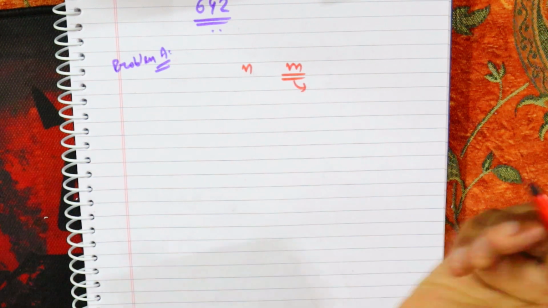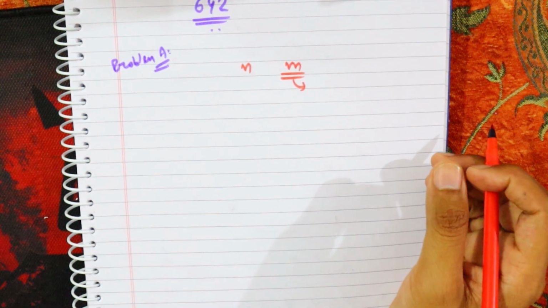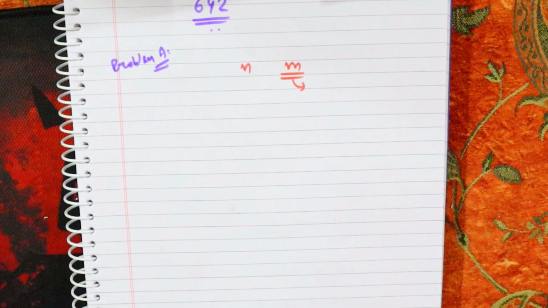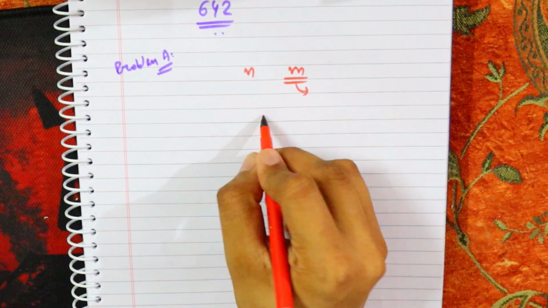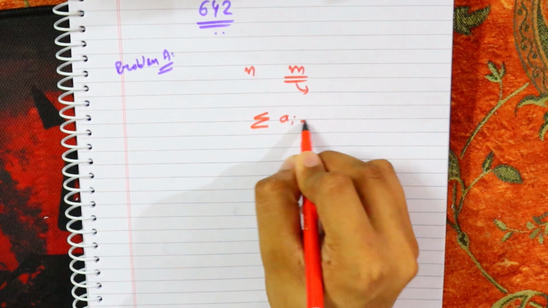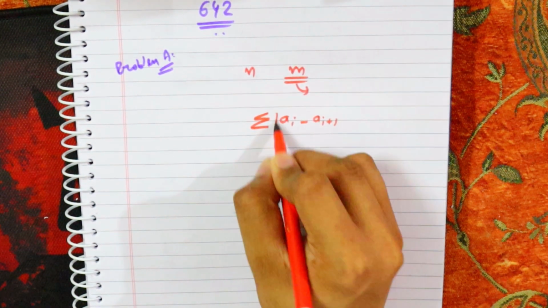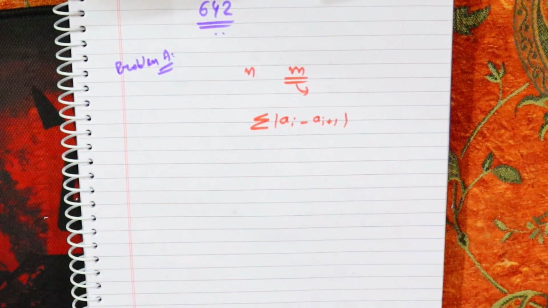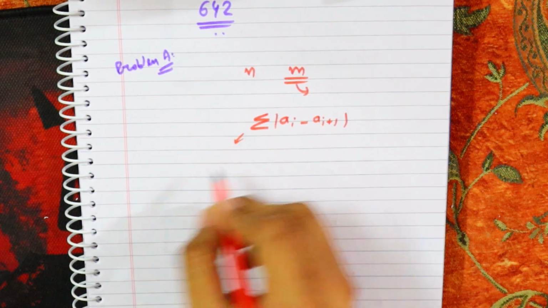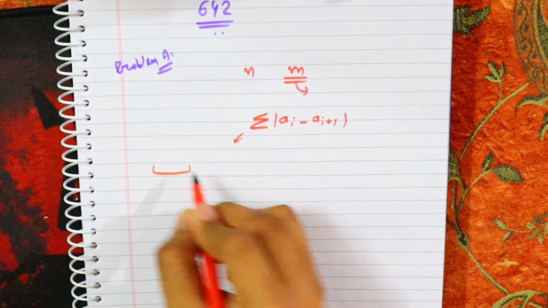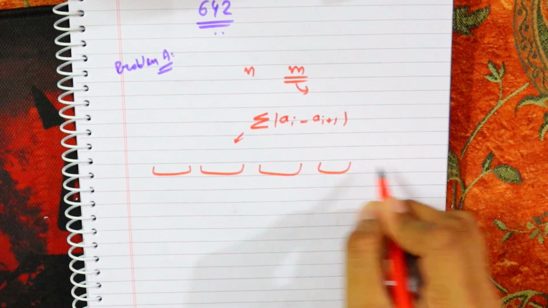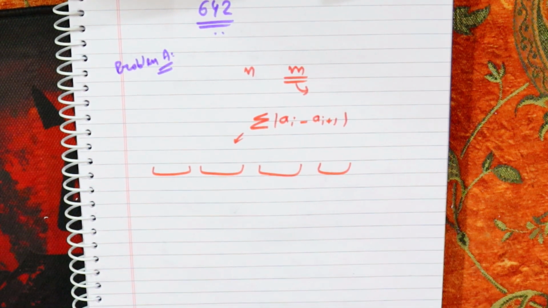And how I have to place these array elements is that I have to maximize the sum of |a_i - a_{i+1}|. It means that we take the differences of adjacent elements, and the sum of these should come out maximum.